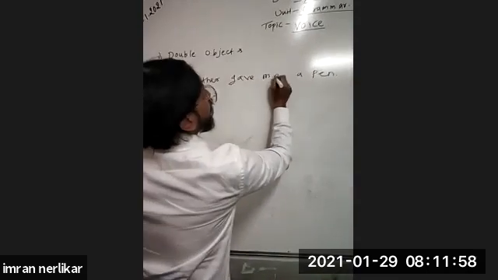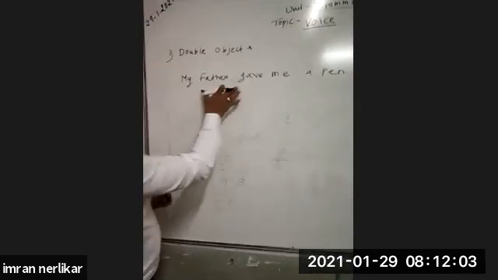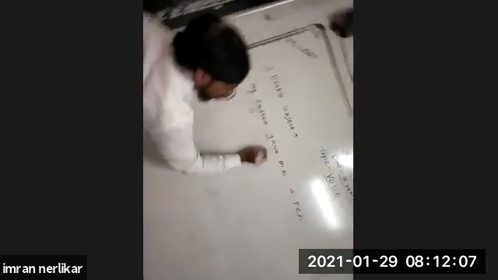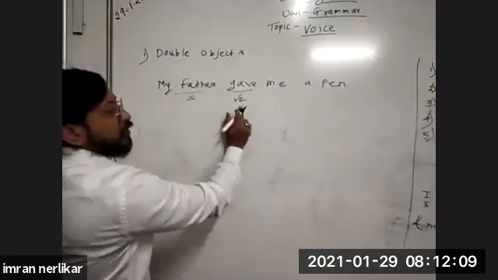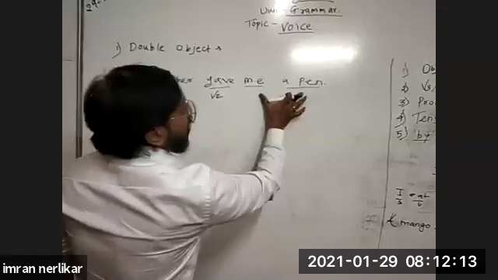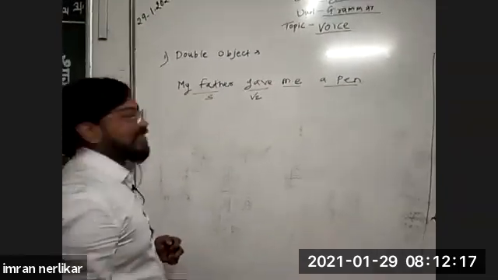In this sentence, my father is the subject, gave is V2, the main verb. Me, a pen: there are two objects in this sentence.